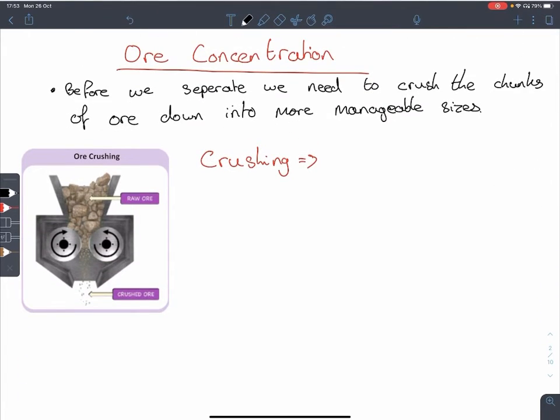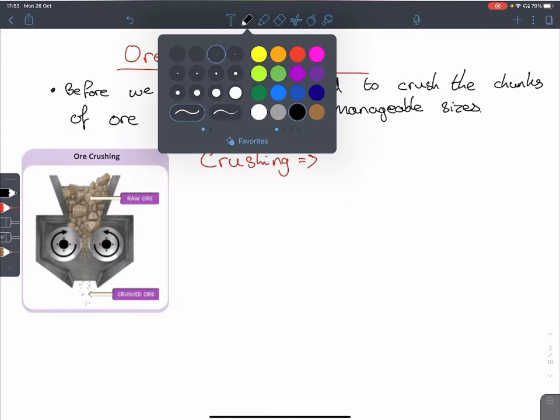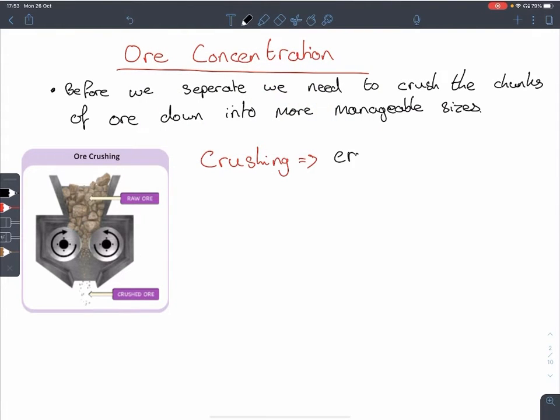Now, before we separate the iron ore, we need to crush the chunks of ore down into more manageable sizes. So you can see here, it crushes the ore to more manageable sizes.